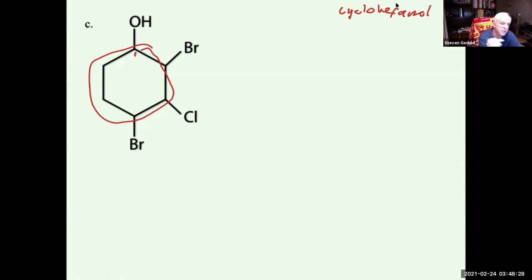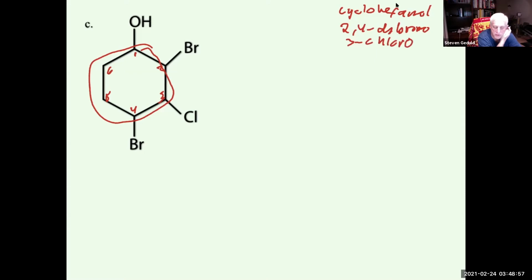So then we give the lowest possible numbers to the substituent groups after the number one for the functional group. So 2, 3, 4, 5, and 6. So we got bromines at 2 and 4, right? So we got 2,4-dibromo. And we got a chlorine group at number what? 3-chloro.